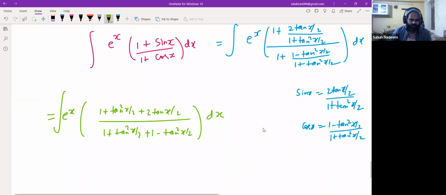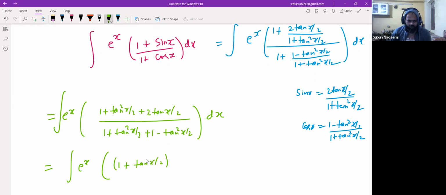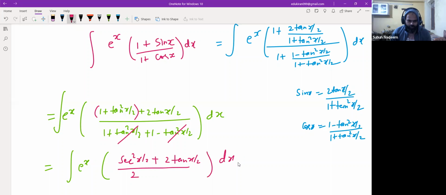So e to the power x, the numerator will be 1 plus tan x by 2 whole square, or it is better to write 1 plus tan square x by 2 as sec square x by 2, and leave 2 tan x by 2 as it is. And in the denominator, tan square x by 2 will cancel, 1 plus 1 will be 2.